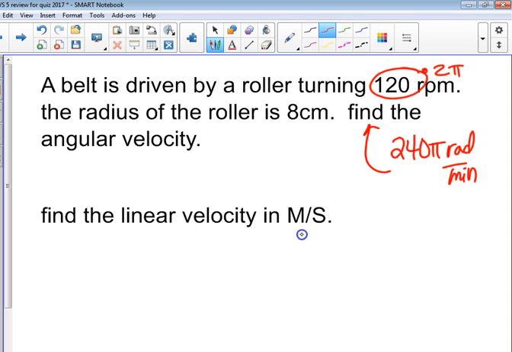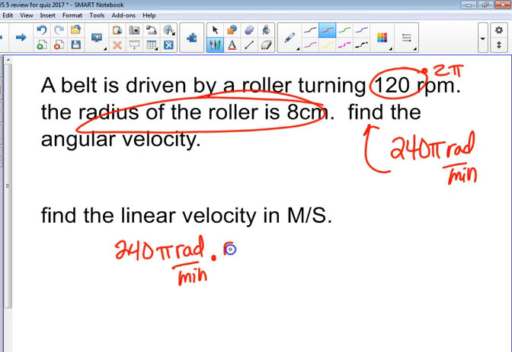To find the linear velocity, you have to take that and multiply it by the radius. The radius is what? Okay, so we're going to multiply it by 8 centimeters. Now, it says in meters per second.